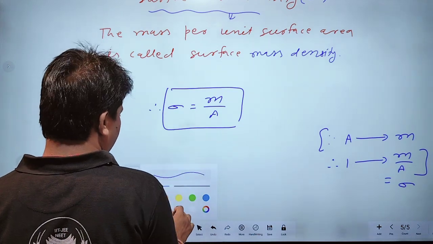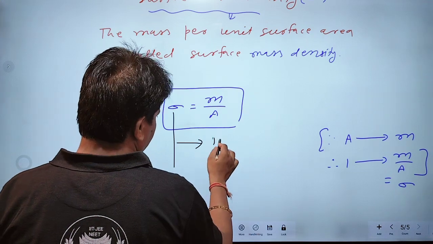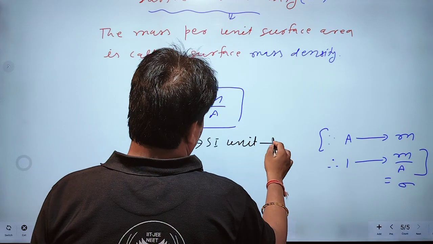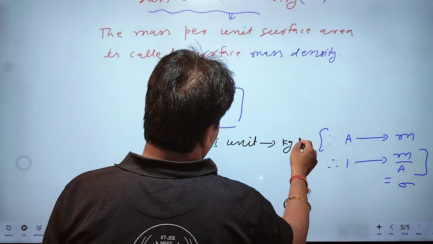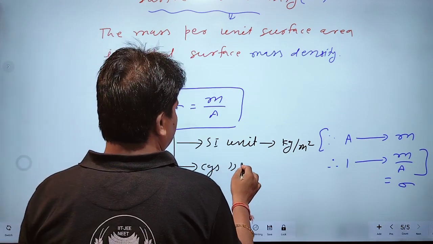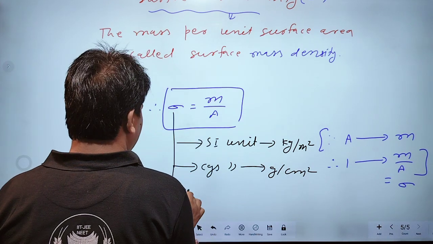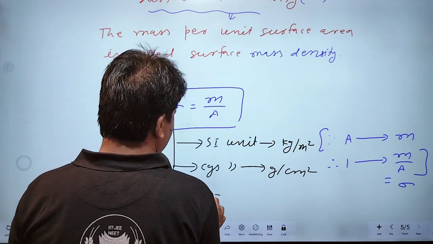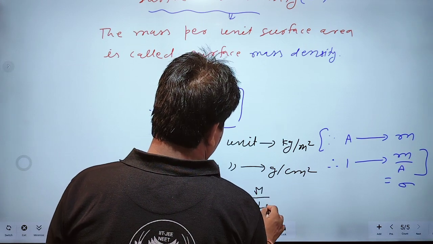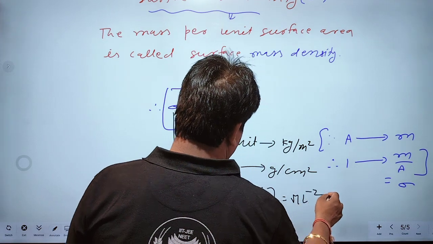Sigma has unit kg per meter square in SI unit. CGS is gram per centimeter square. And dimension will be m by l square, that is M L minus 2. Okay.